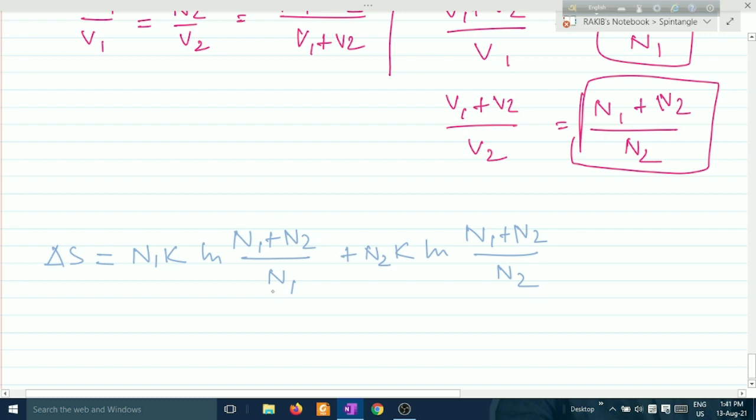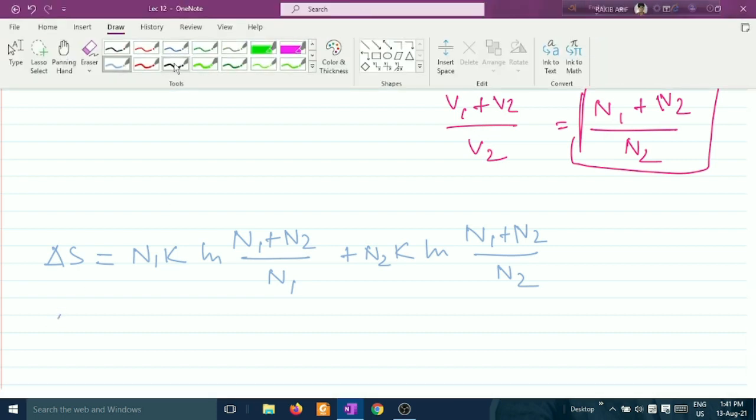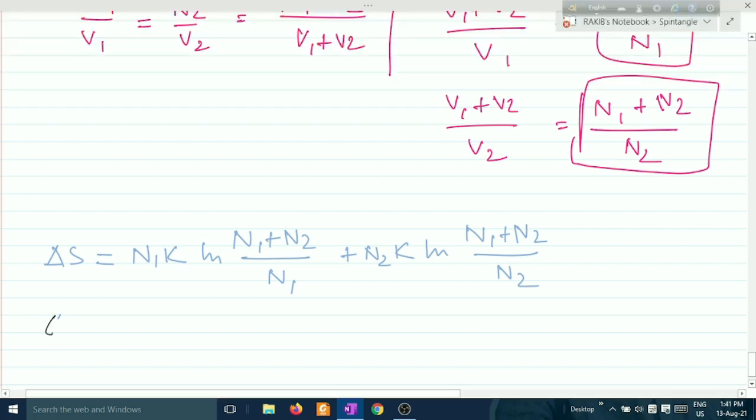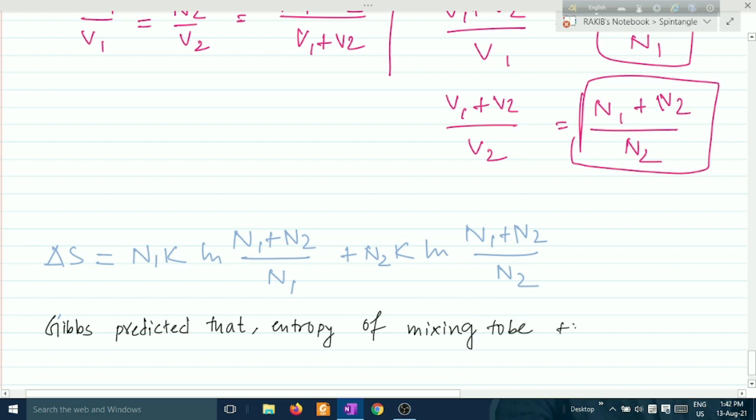So what is this? Gibbs predicted that the entropy of mixing is to be positive.